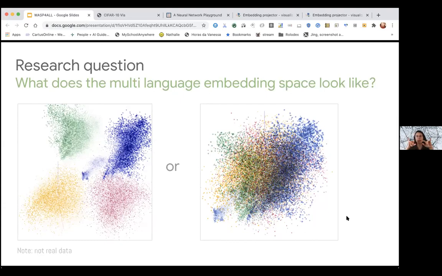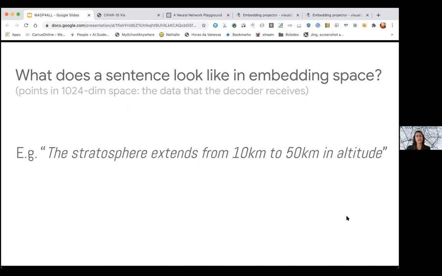So it doesn't care that the word home, the string home, and the string casa are different strings. It really cares about the meaning of those two and brings those two together. So we used visualization to actually answer that question. And very quickly, what we did is we looked at translated sentences. So an example here, the stratosphere extends from 10 kilometers to 50 kilometers in altitude.